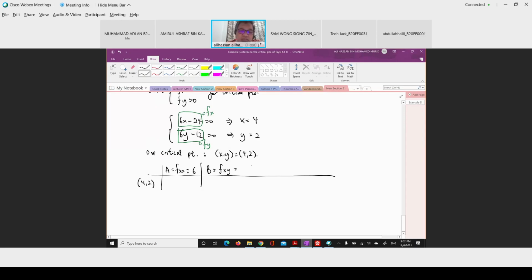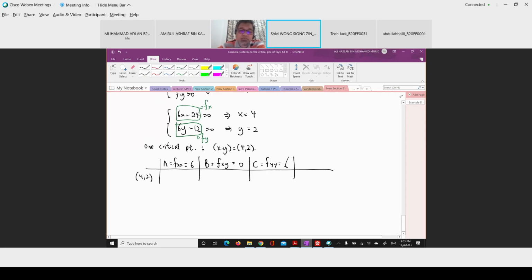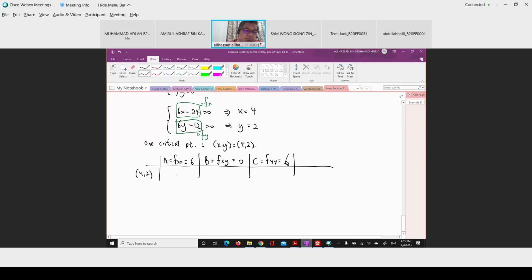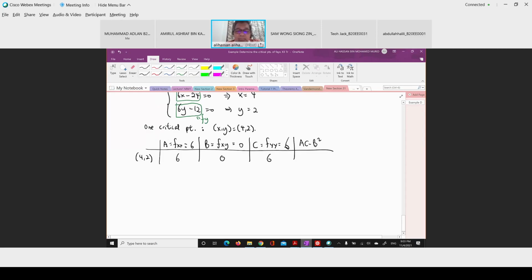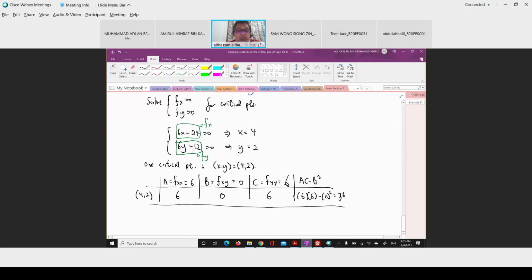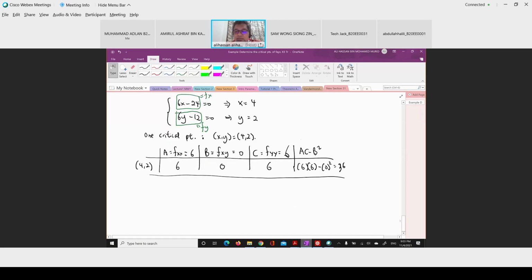And C is f partial y partial y? 6. So it's all constants here. For the critical point, A is 6, B is 0, C is 6. Then we want to calculate AC minus B squared: 6 times 6 minus 0 squared, which is 36. Do we have a minimum here? Yes.